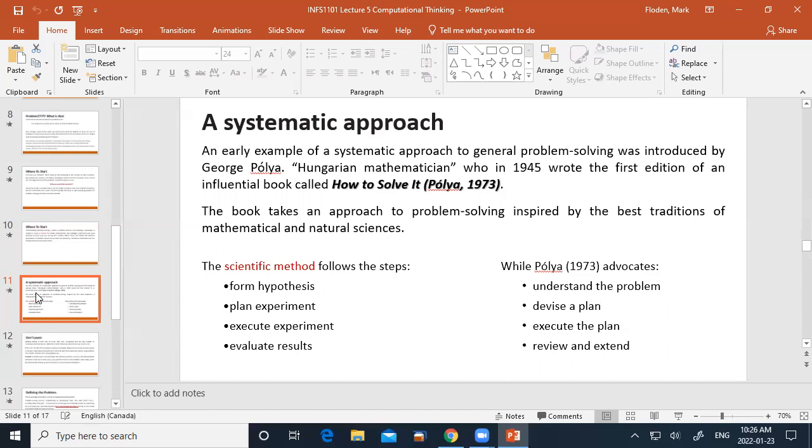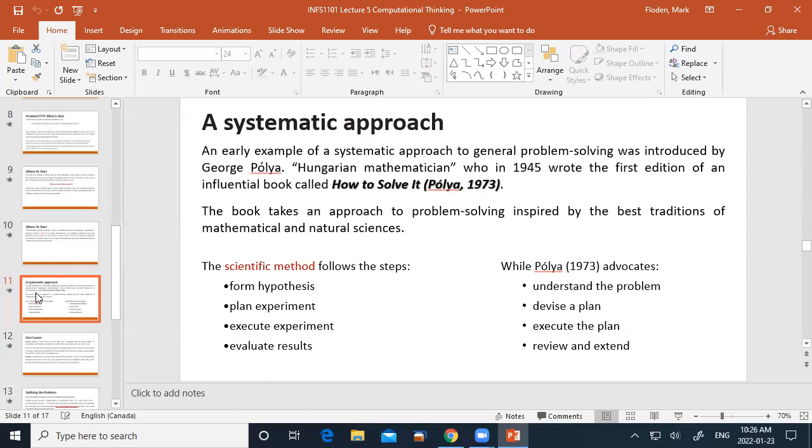The ancient Islamic universities in Morocco were using this, the Greeks were using this, Aristotle was using this. About 2,000 years, I suppose. The one on the right is Polya's interpretation of that for computing development.